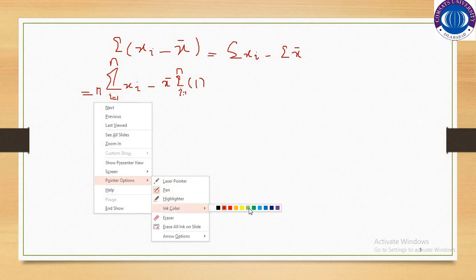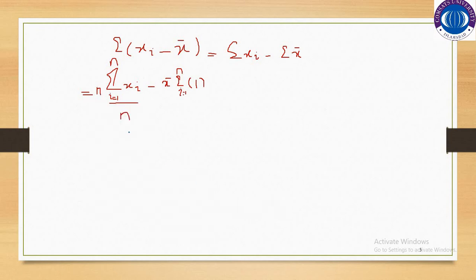Now this particular term is x bar. So this will be n times x bar minus x bar times summation i equal to 1 to n, and this sum is applying over the constant 1.